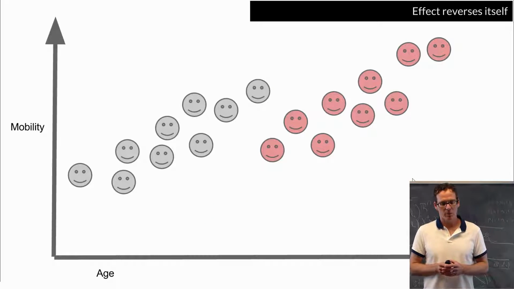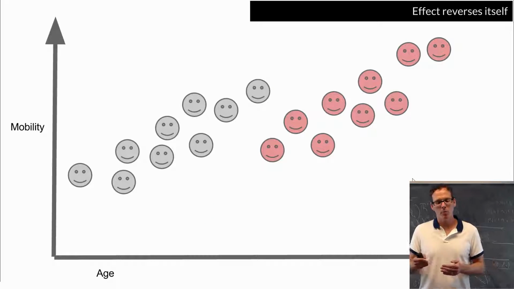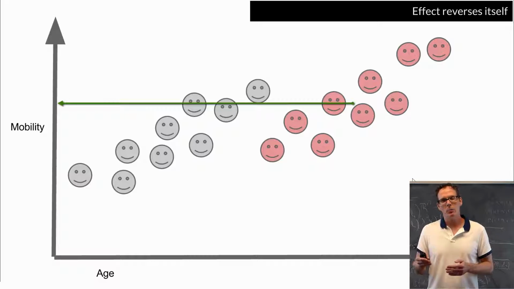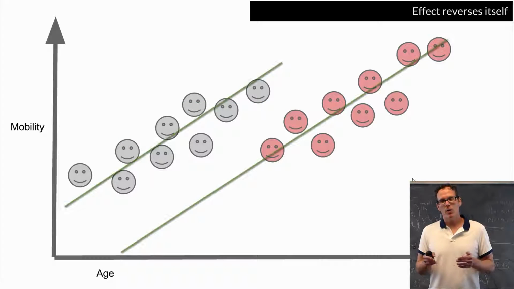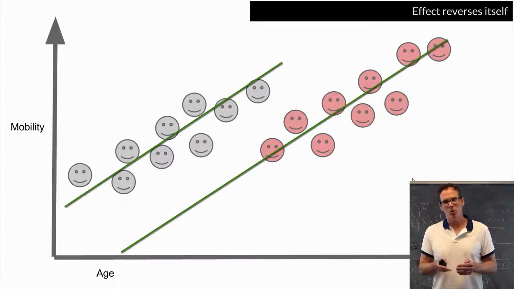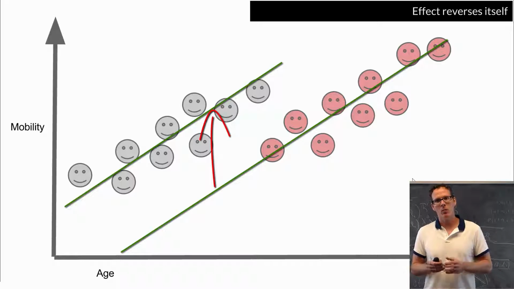Consider this example. In this example, the marginal mean, the mean for the red group disregarding age, is higher than the mean for the gray group disregarding age. However, when we fit the regression model with age in it, we fit two parallel lines, and notice that the parallel lines would suggest that the gray group is higher than the red group, okay?